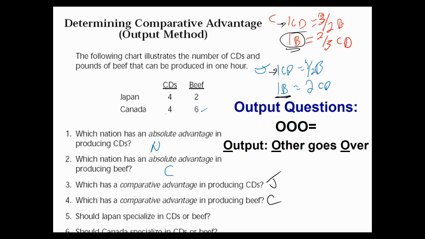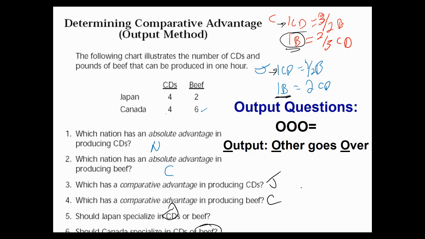It says, should Japan specialize in CDs or beef? Well, Japan should specialize in producing CDs, and Canada should specialize in beef. They should specialize and trade. Now, if we were thinking of a ratio, the ratio would have to be something.